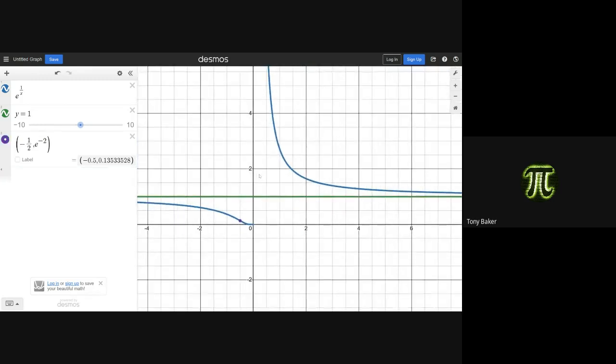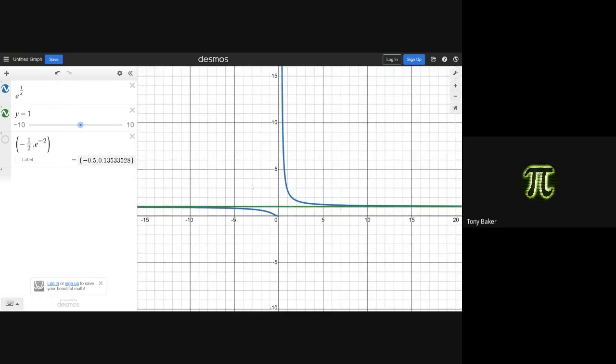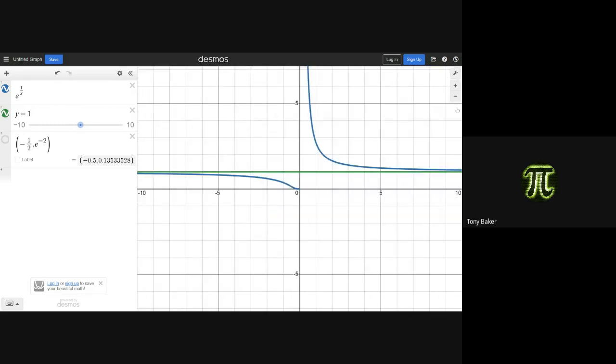But this is actually why looking at this in terms of a graph, like actually understanding what's going on, is important, because if you just looked at this graph, you probably wouldn't have known that something actually different's going on in this spot right here. You probably would have just assumed it's going to 0. But it actually does change direction a little bit.